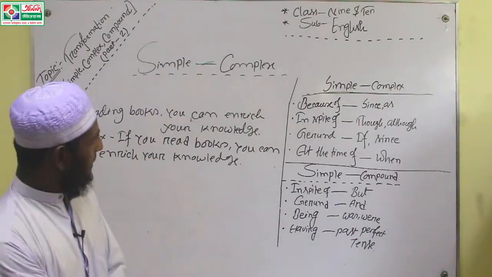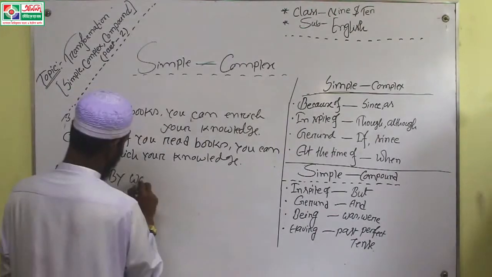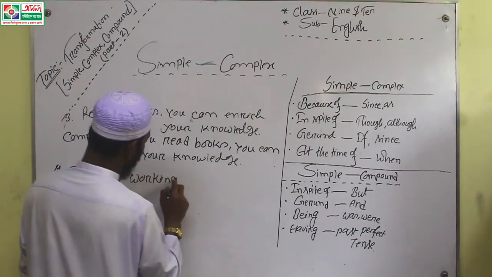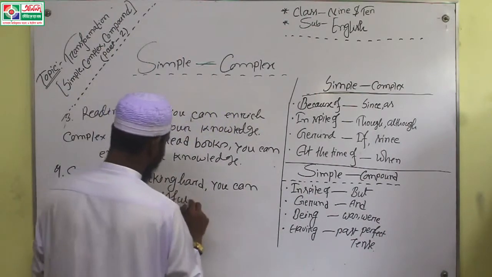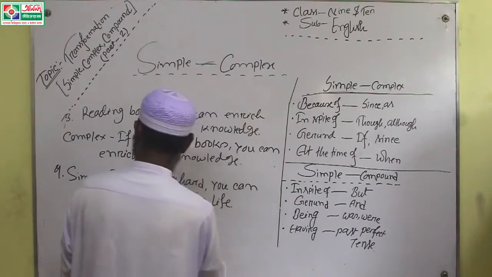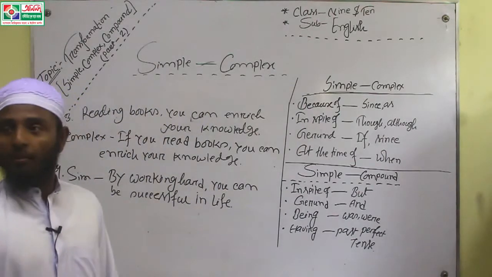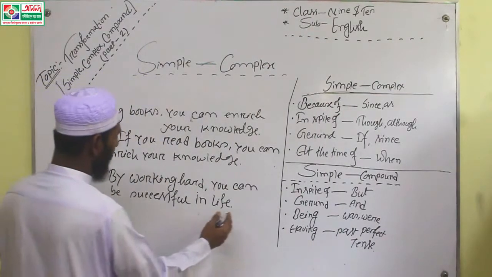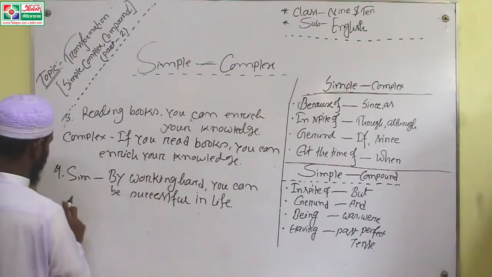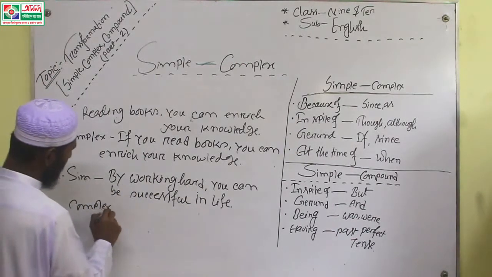Then another example for you. By working hard, you can be successful in life. Okay, this is a gerund. That means by plus gerund. We will change it to a complex sentence.